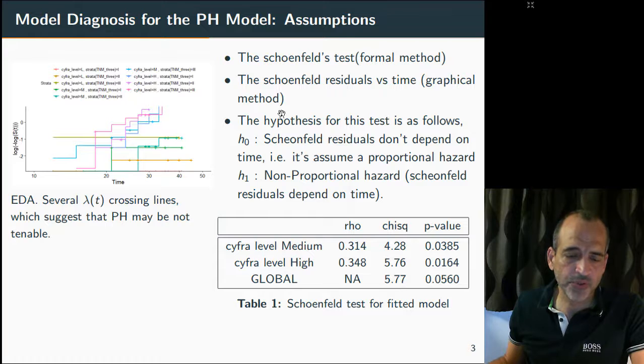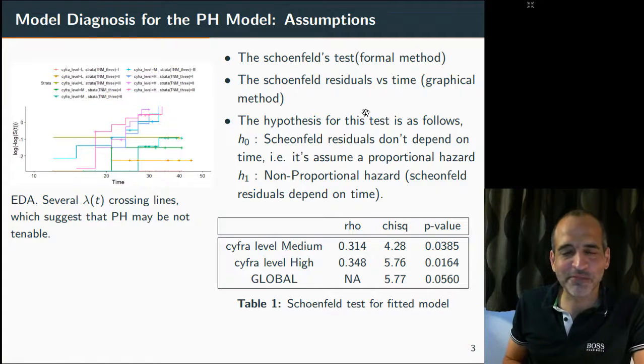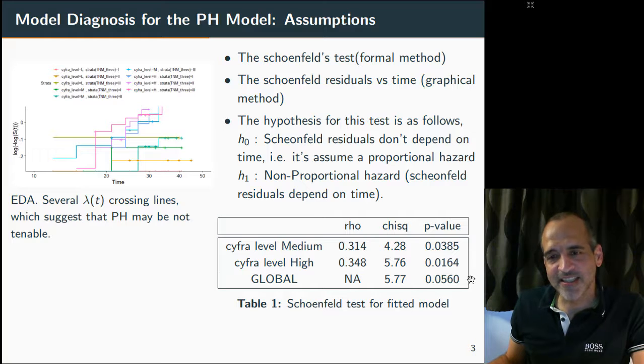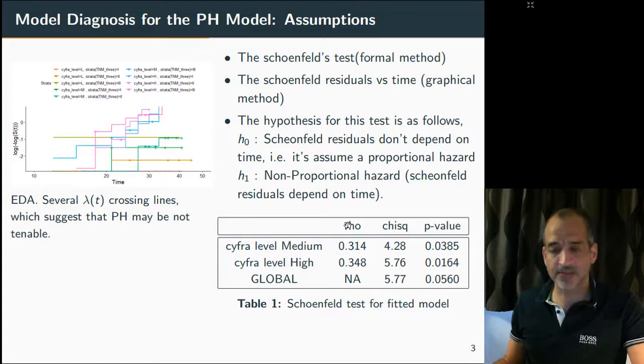This is a goodness of fit test, so sometimes people get confused in the interpretation. But as you see, the value is very marginal. So we can say that proportional hazard can be assumed here, but it's a very marginal result, and it's more or less related with what we can see in the plot.